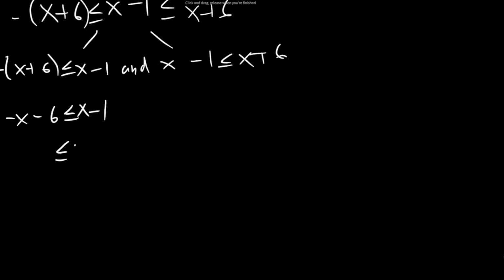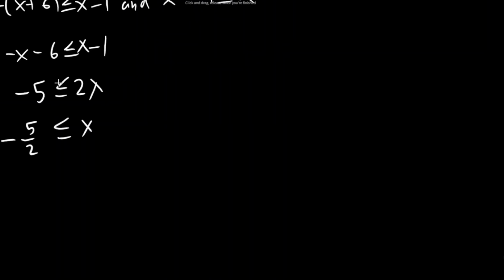We can add the x and add the 1. So minus 5. In this case, we get minus 5 halves less than or equal to x, or we can just rewrite this as x greater than or equal to minus 5 halves. In this case, if minus 5 halves is less than or equal to x, you know that x is greater than or equal to minus 5 halves.